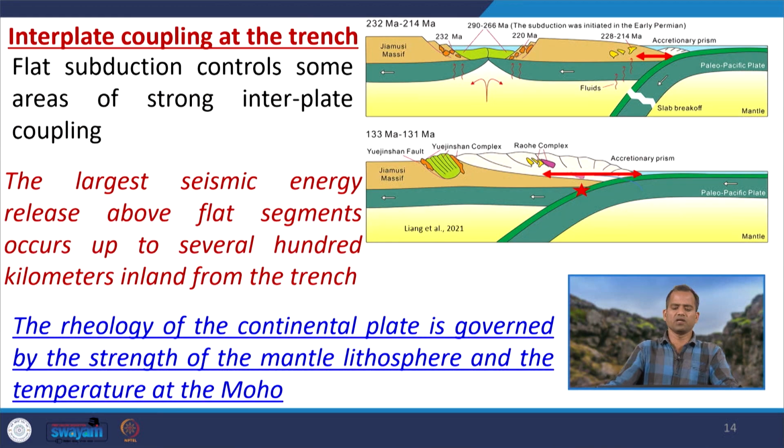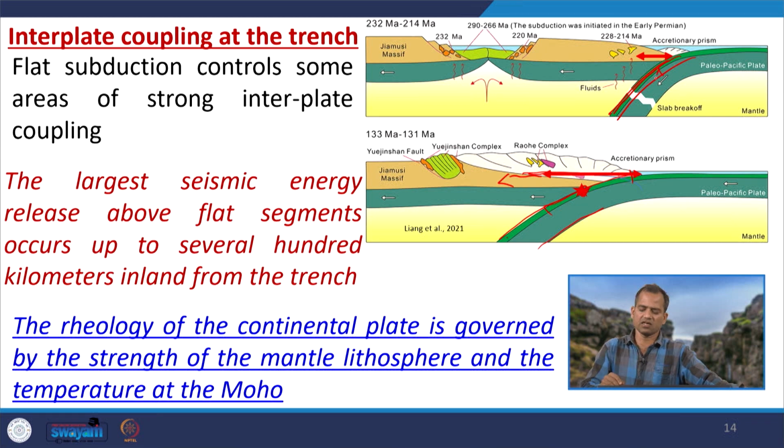The interplate coupling at trenches: flat subduction controls some areas of strong interplate coupling. The largest seismic energy released above the flat segment occurs up to several hundred kilometers inland of the trench. If you see here, in one case the plate is going down at a higher angle, and in another the plate is going down at a lower angle. Here the degree of coupling is very high, so any energy released in this area will affect a large distance of the overriding plate.